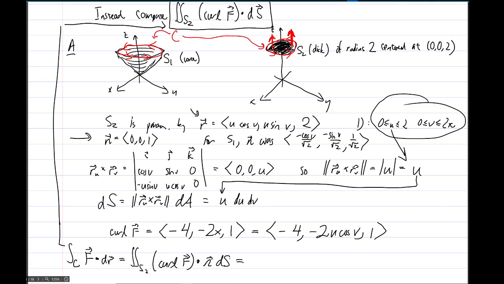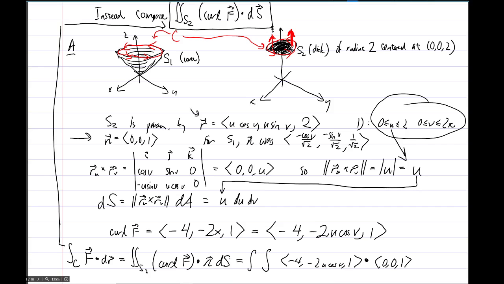Now we just need to plug in some pieces. Leave a little bit of space between these integral signs. The curl of F is right above: negative 4, negative 2u cosine v, comma 1. That's dotted with n, which is way back up here: 0, 0, 1. So let's put this here: 0, 0, 1.